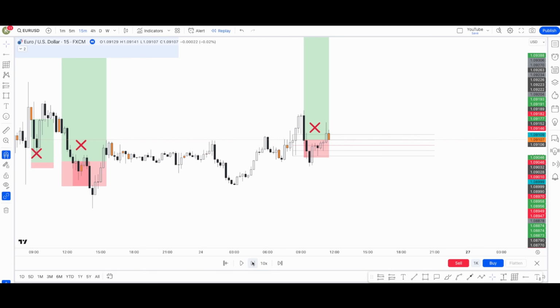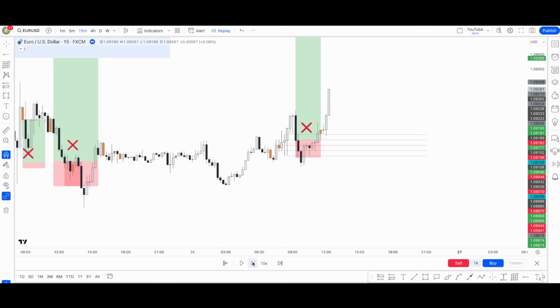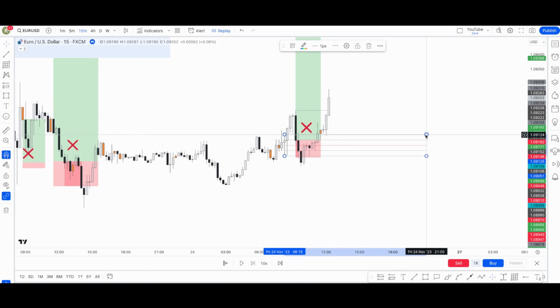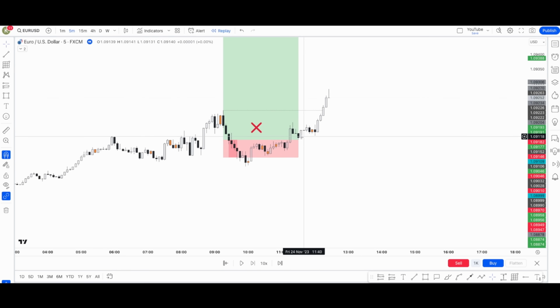Probably say, no, I can't do anything yet. All right, there's a body break. I remember that I was looking for this. I think I tried calling this out in the group. There's a couple of order blocks down here. I think the 5 minute makes more sense.